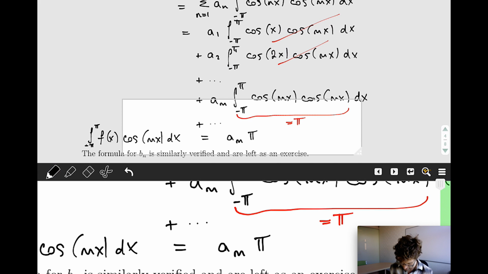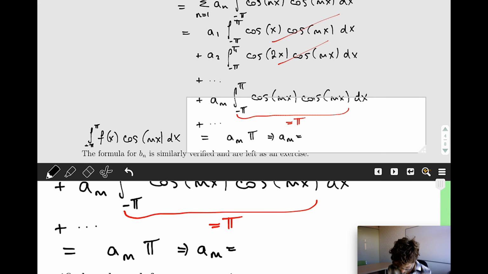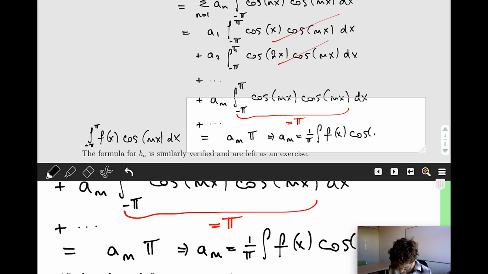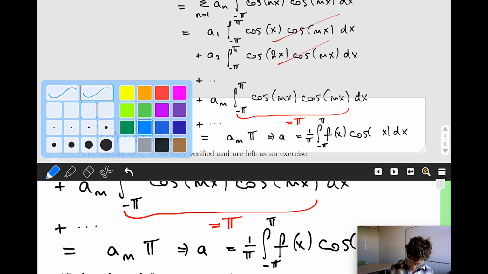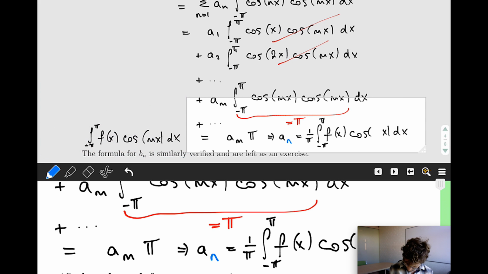So am is equal to 1 over pi times the integral of f of x cosine mx dx from minus pi to pi. The fact that I've got m's there instead of n's like in our formula doesn't matter much. I can easily relabel these so they're n's instead of m's. There's no difference at all.